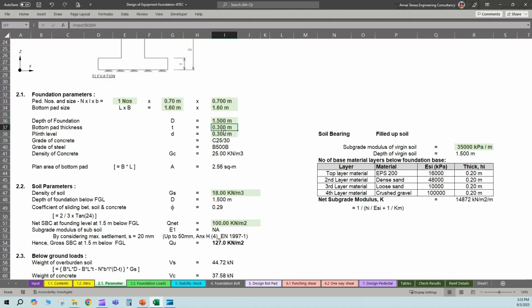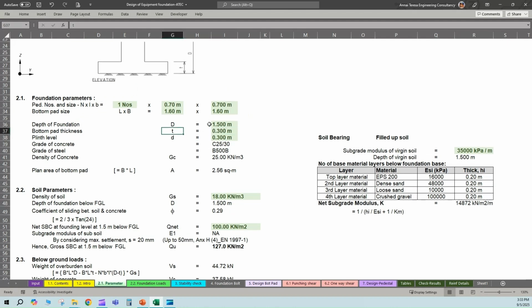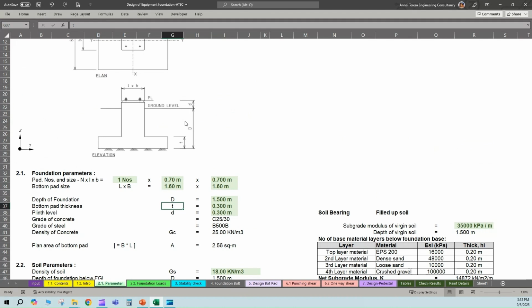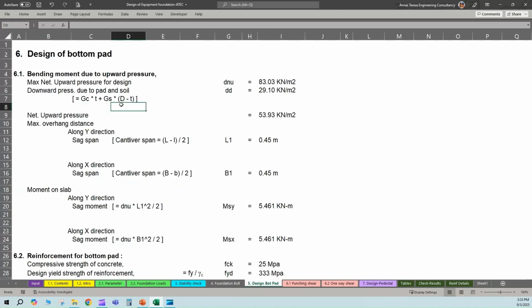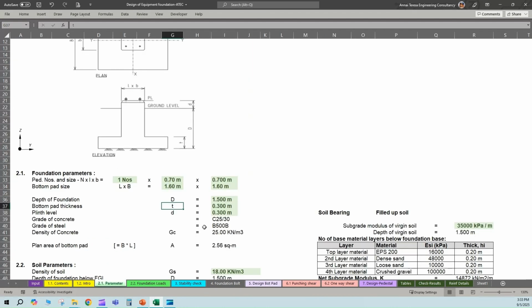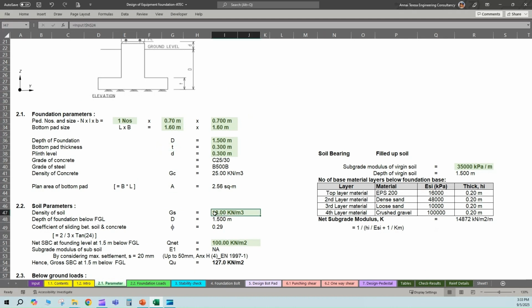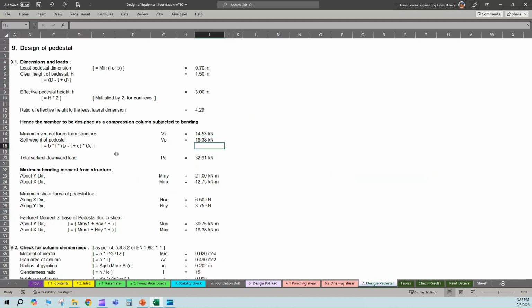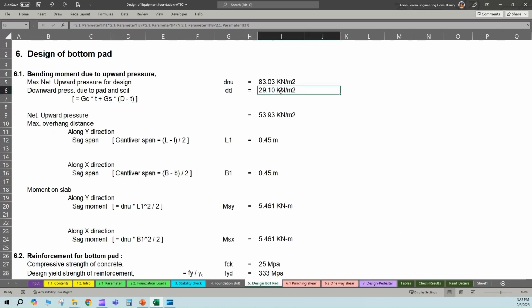So that is 300, and capital D minus small d is the clear depth of soil above the bottom raft. So that we need to consider as a soil depth, that multiplied with the GS, the density of the soil which we already considered in our second stage video. So that is 18 kilonewton per meter cube. So multiplying all these values, we are getting 29.1 kilonewton per meter square.